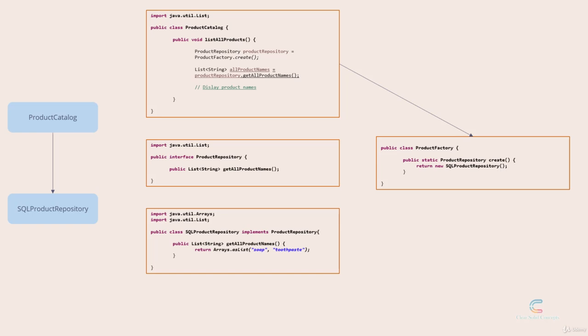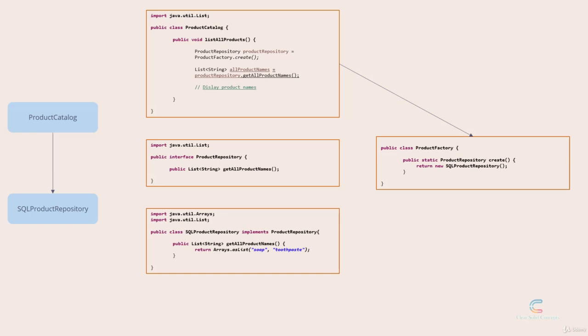Now, from the product catalog class, we will invoke this factory method, which will instantiate and return a SQL product repository object. But note that our reference object is product repository, so we don't have any tight coupling with SQL product repository anywhere in the product catalog class.